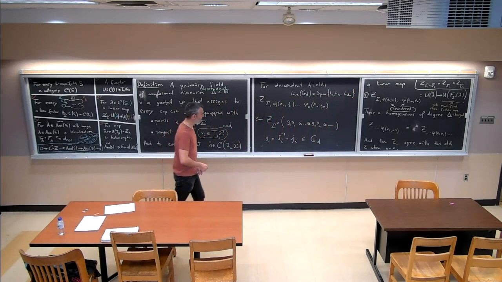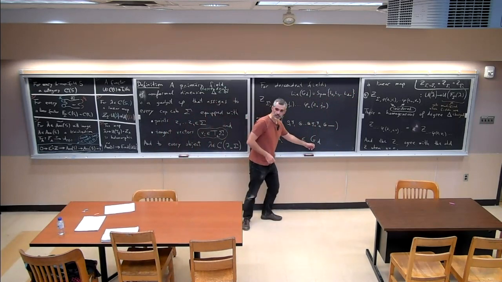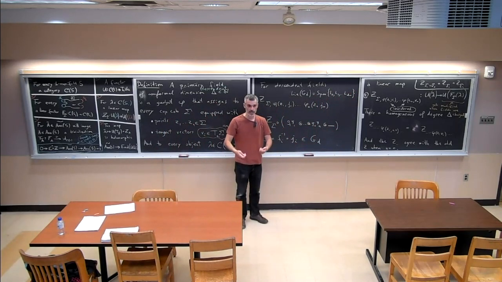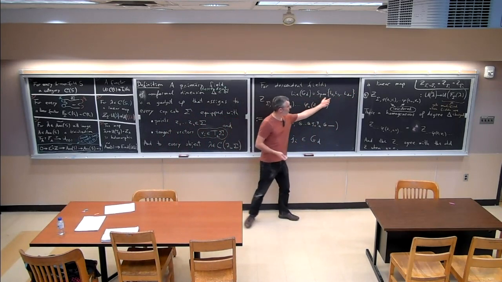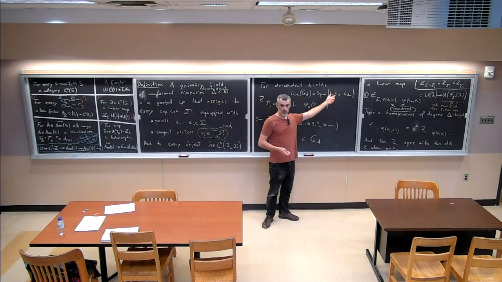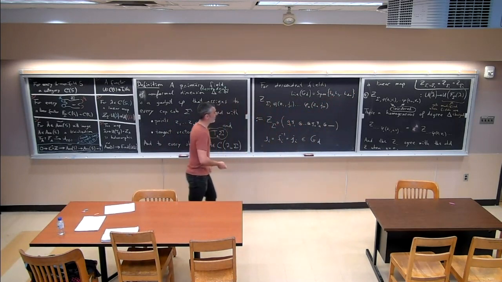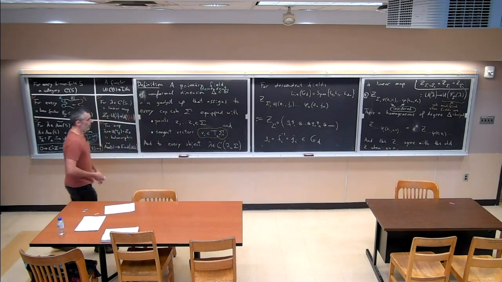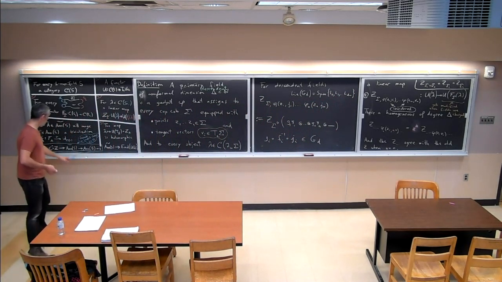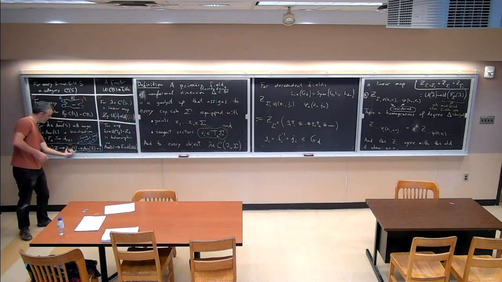In order to know how an element of the group acts, I need to know how an element of the Lie algebra acts. In order to know how an element of the Lie algebra acts, I need to have it on the nose, not up to central extension. And that's why it's important to pass to a setup where it's not this, but that.